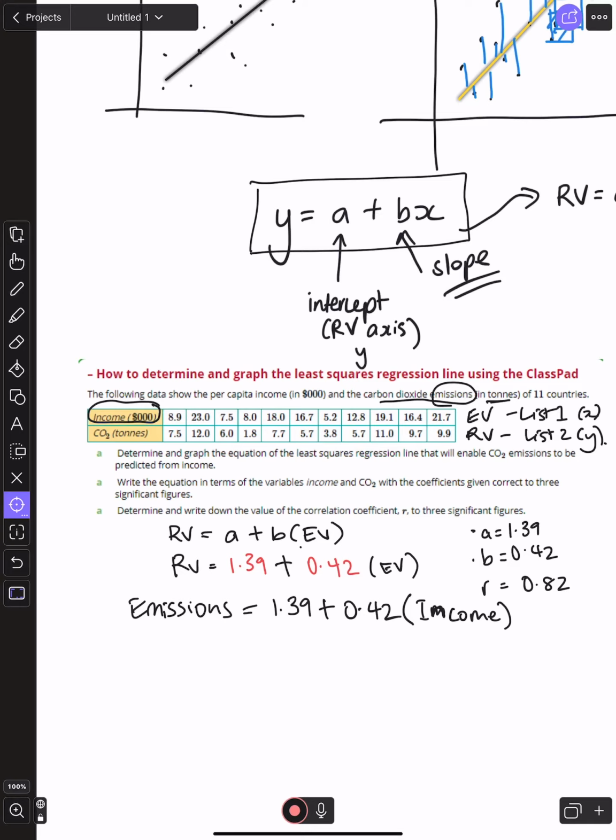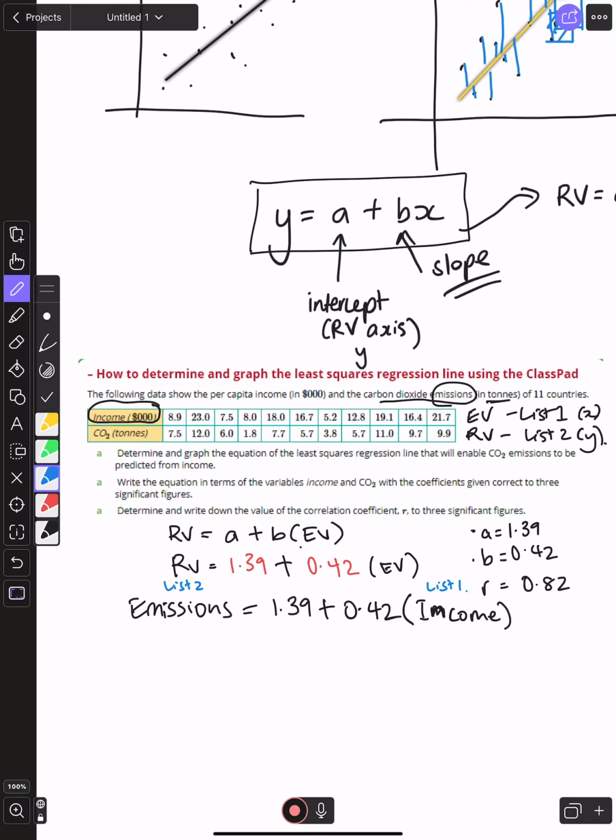And then you're going to sub in your values of A and B, and then you sub in your variable names. Just make sure you have these around the right way. So remember, this is what you put in list 2, and this is what you put in list 1. All right, you'll get better with this over time, so don't stress if you get a little bit muddled up at the beginning.